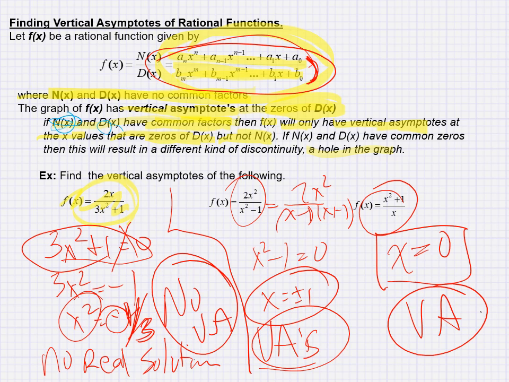If they share a common factor, they share a 0. And so you're only going to look at the zeros that are zeros in the denominator but not the numerator. So what we're going to say is that the common zeros between the numerator and denominator actually result in a different kind of discontinuity, which we call a removable discontinuity, or essentially a hole in the graph. And I'll show you some examples of that.